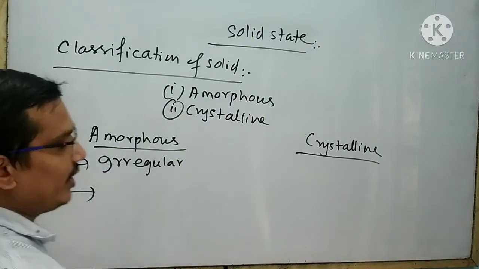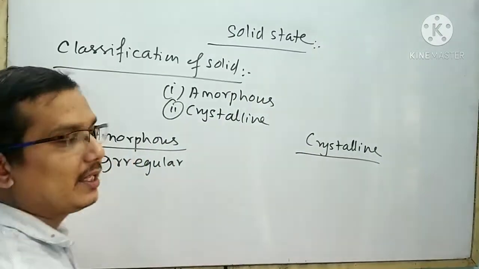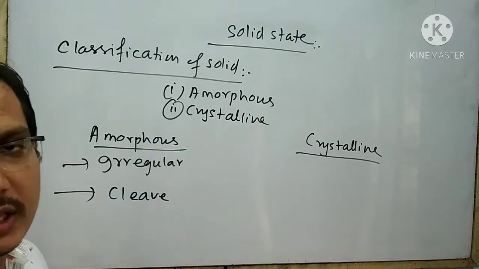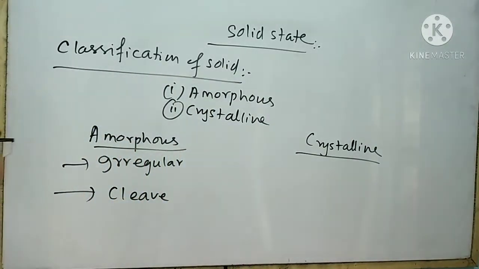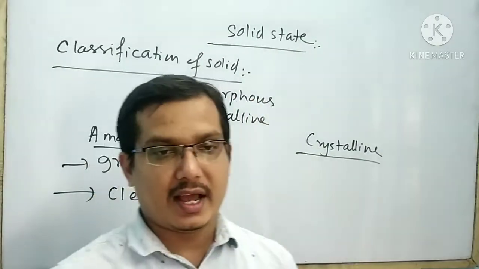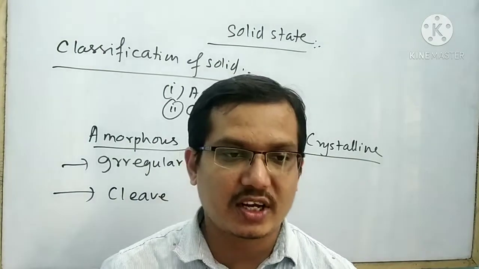The second point is surface cleavage. In case of amorphous, the surface cleavage is irregular. On the other hand, the surface of cleavage is plane and regular in case of crystalline solid.